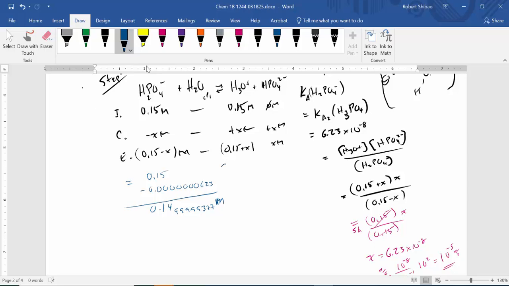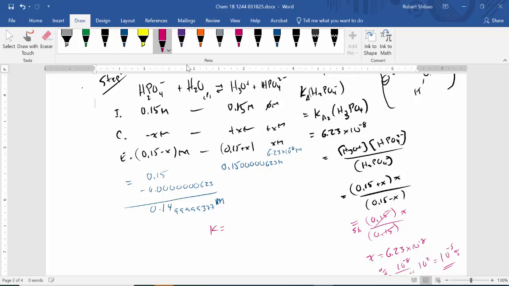All right, this will be easier for me to add. 0.15, and then I'm going to add 5 zeros. 1, 2, 3, 4, 5, and then a 623. And then over here, this is just 6.23 times 10 to the minus 8 molar. All right, and now I'll check my K value.